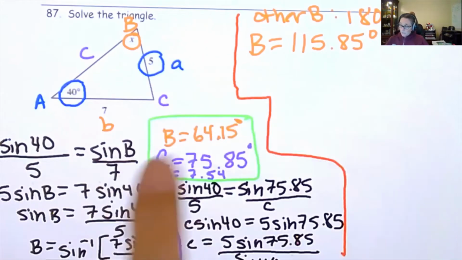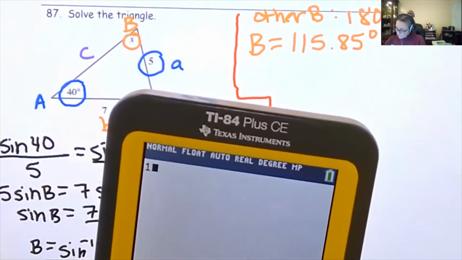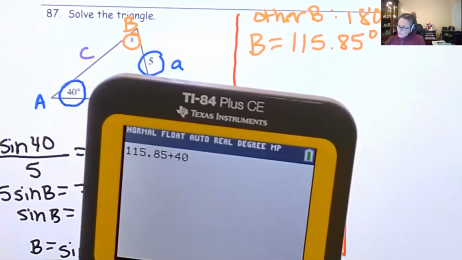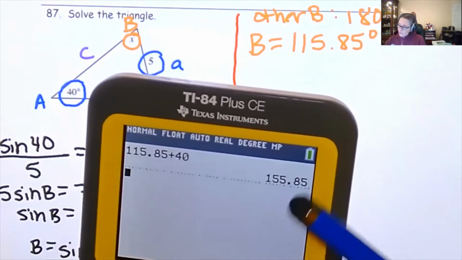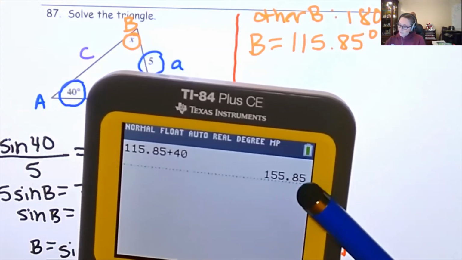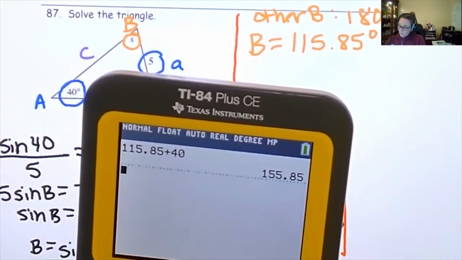Well, I definitely have one, okay? Now I have to see if I take this 115.85 and I add it with 40, do I have enough left over that I can still have an angle to get to 180? I do. If this was more than 180, then I would only have had the one triangle.